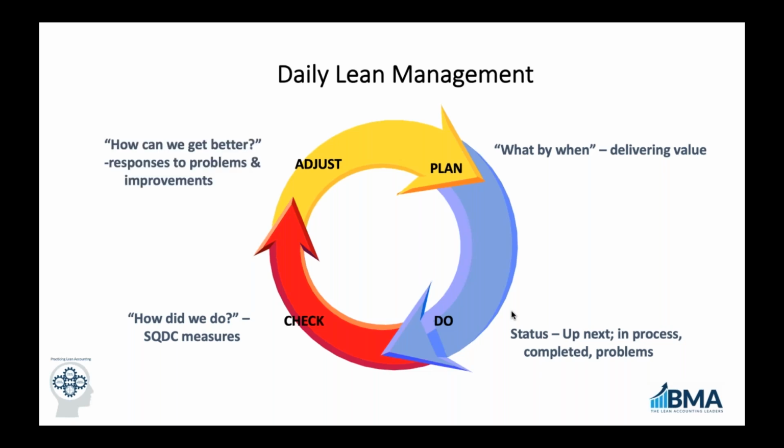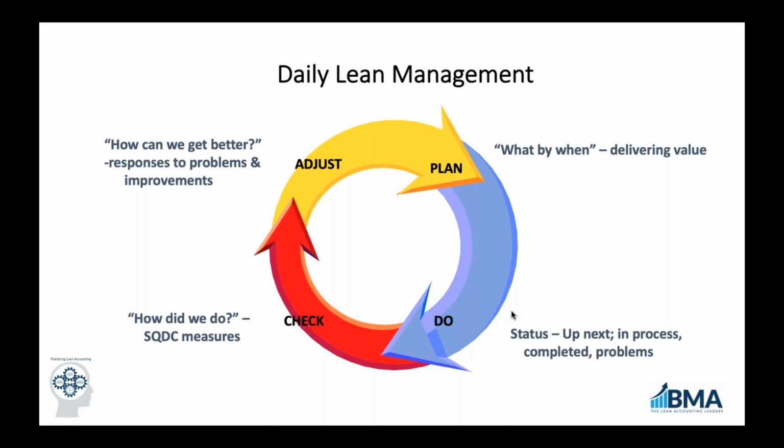And then the adjust is, how can we get better? Whether it is how can we make up for our deficits today? What do we have to do to respond to problems and issues? What are the trends that lead to further improvements?